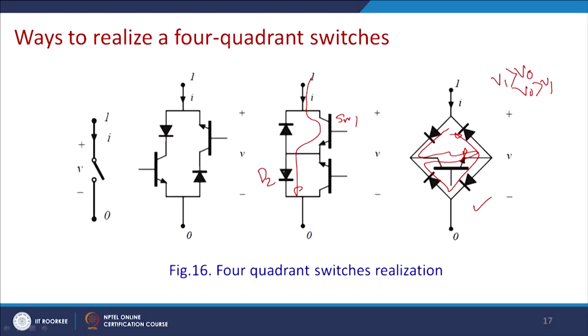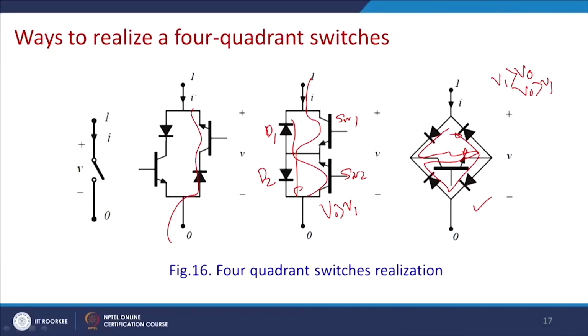And in the same way, if V0 is greater than V1, then it should flow through switch 2 and thereafter diode 1. So, in this case, we will have to face losses of the two devices, but in this case we require two control switches.